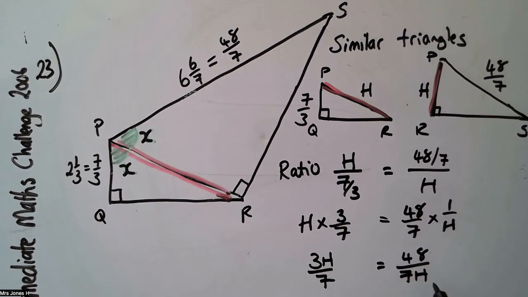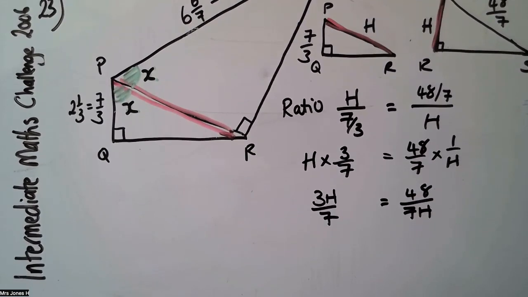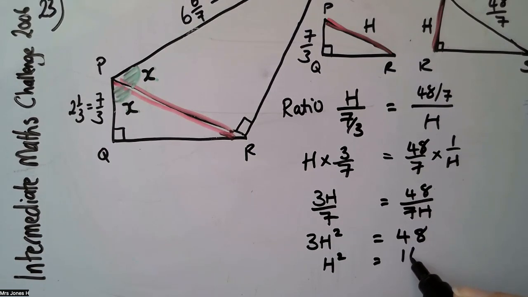If I multiply both sides by 7H, this becomes 3H squared and this becomes 48. Divide both sides by 3.